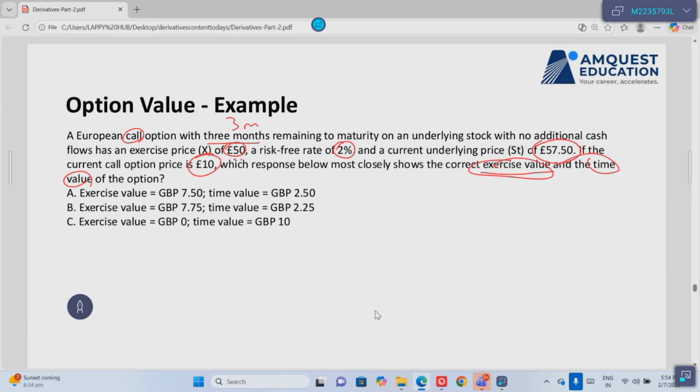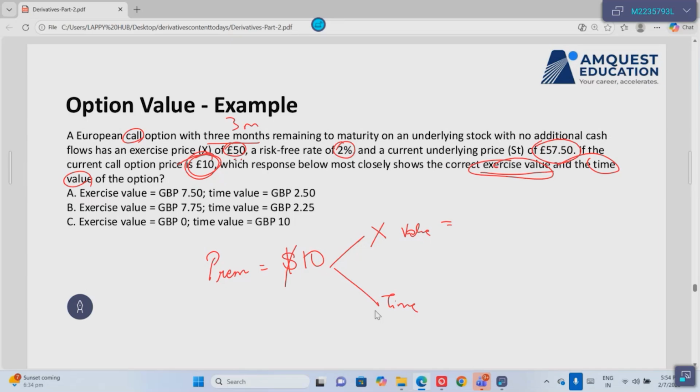Answer. Now you know that the premium here is $10. That's obvious, right? Now this 10 is broken down into exercise value and time value, right? What is the exercise value?